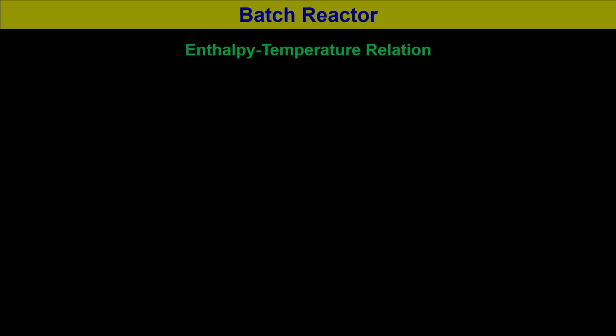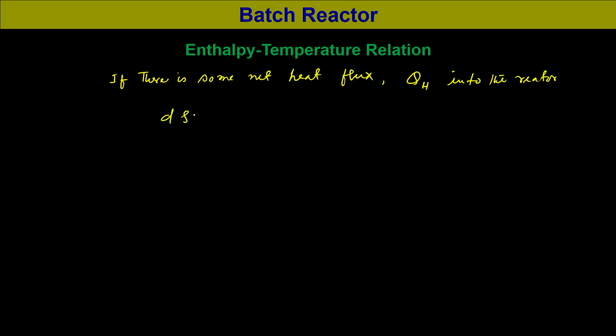Now, if we consider there is some net heat flux to this system, say QH, into the reactor, then the energy balance equation d rho V H cap dt should be QH.